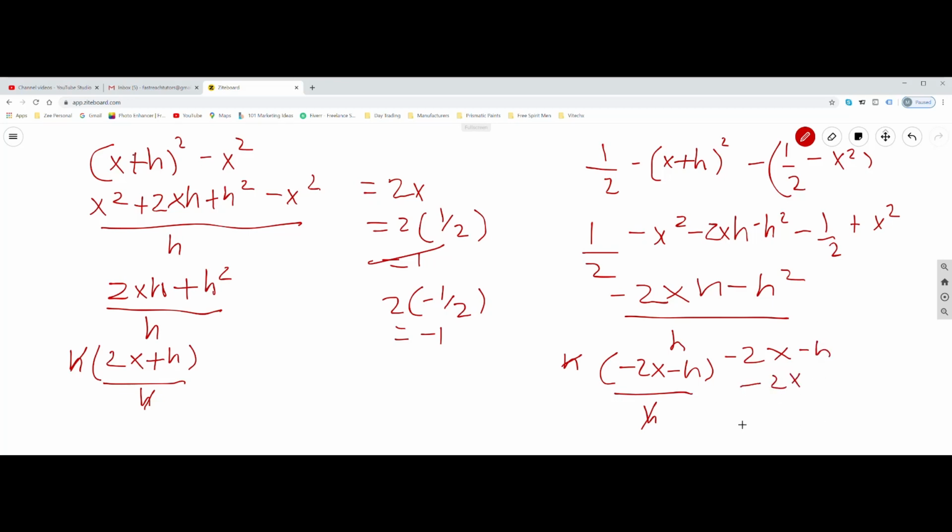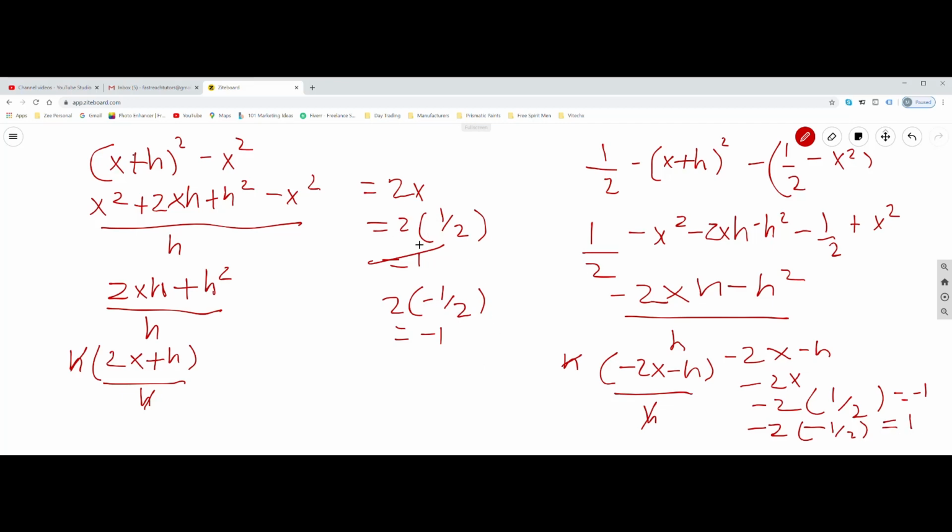So the slope, when x is 1/2, the slope is negative 1. When x is negative 1/2, it's positive 1. So if you see, it's always the opposite.